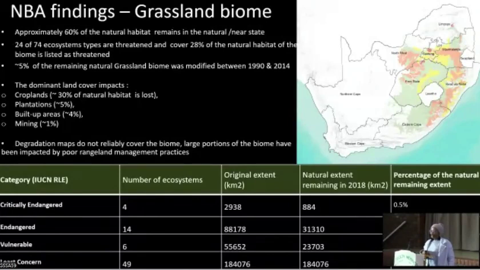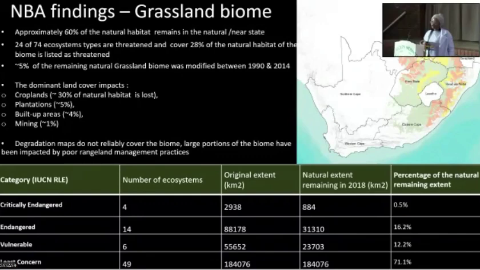Okay, coming out of the NBA, approximately 60% of the natural habitat in the grassland biome remains in a natural or near natural state. And 24 of 74 ecosystem types found in this biome are threatened, and they cover about 28% of the natural habitat that is remaining.